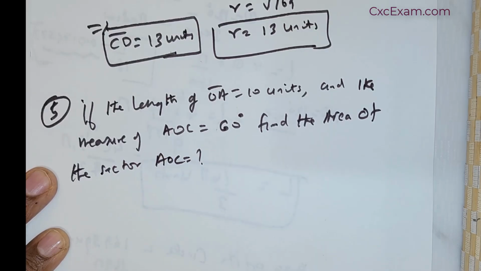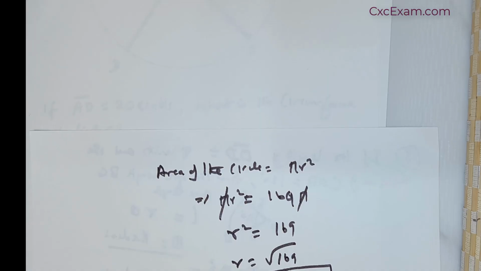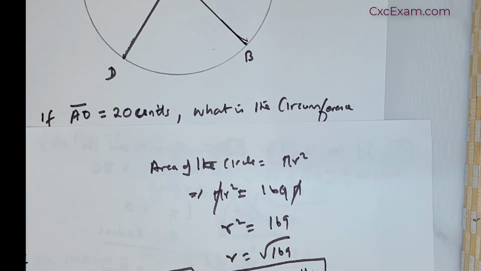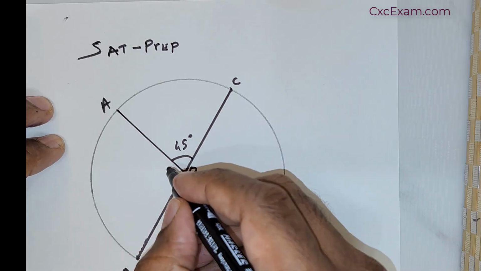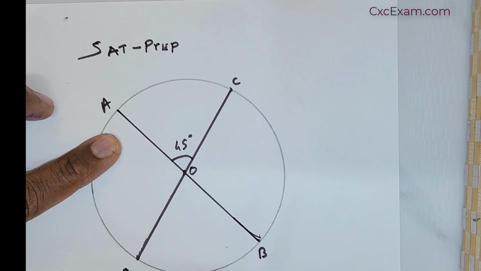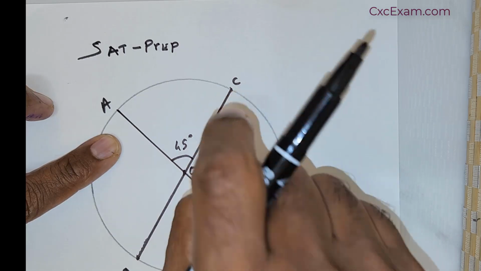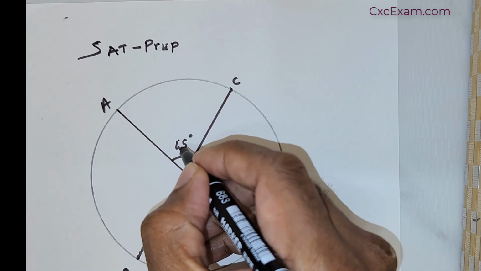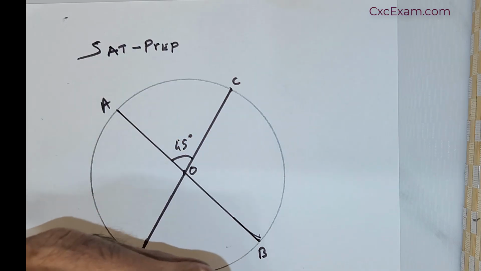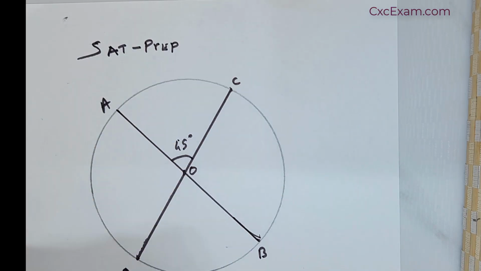AOC. Right? So let us go back to the figure and see what they have given us. So OA, this is 10 units, and AOC. Now AOC is 60 degrees. So let me place that 60 degrees there.